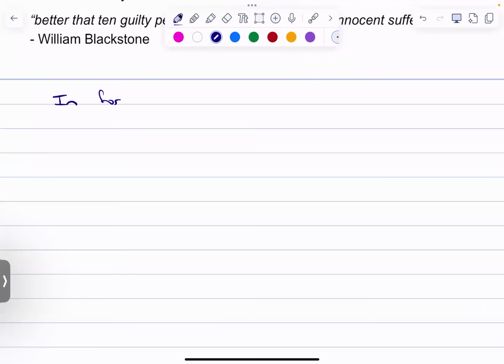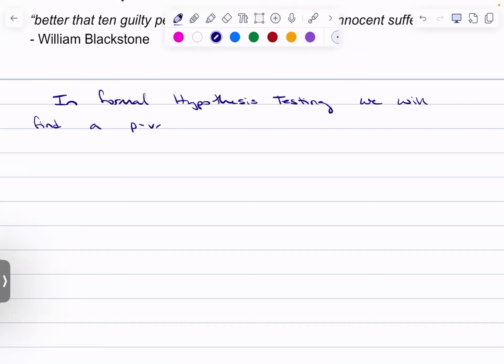In formal hypothesis testing, we will find a p-value.